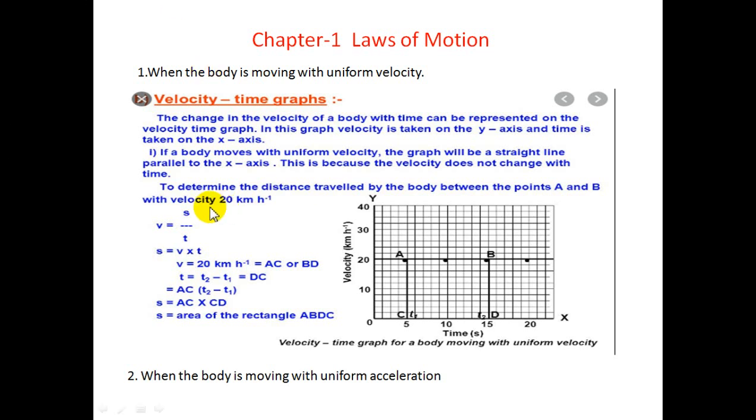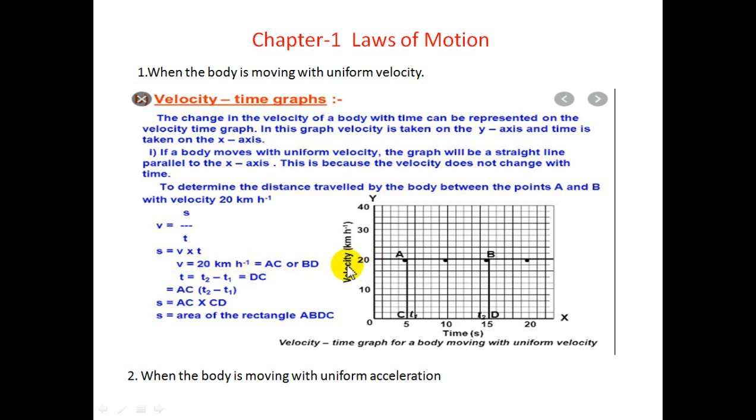S here shows the displacement, or you can say distance. So velocity is equal to displacement by time. We can also say that displacement, or distance, is equal to v into t. It means t goes to the other side and becomes multiplication, so displacement is equal to velocity into time.